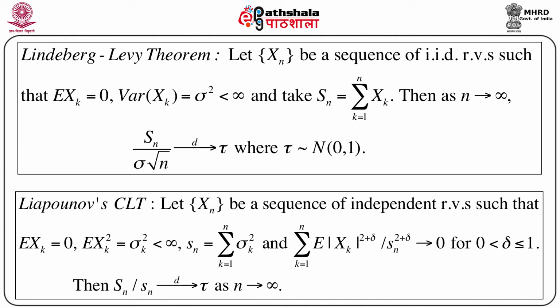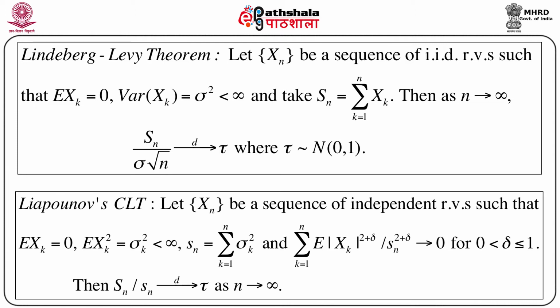Then we know there is another theorem, known as Lyapunov's CLT, which says that if Xn is a sequence of independent random variables such that expectation of Xk equals 0, expectation of Xk square equals sigma k square less than infinity, and we define small sn square as summation of sigma k square, k equals 1 to n, and we assume the existence of moments slightly higher than 2, that is, summation k equals 1 to n of expectation of mod Xk to the power 2 plus delta, divided by sn to the power 2 plus delta, goes to 0.